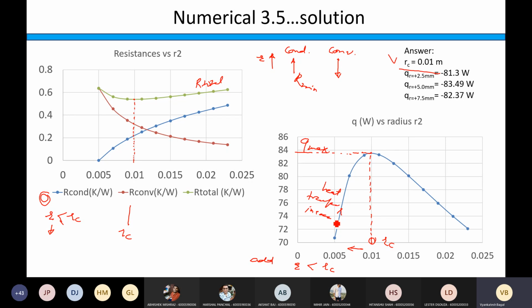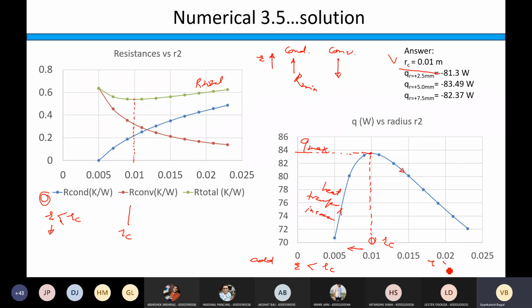So how much will heat transfer increase? Up to what point? Up to the point until this R becomes equal to RC, right? Correct? And if you go on further increasing the thickness of the insulation, then your Q will decrease. So we are talking about this case.